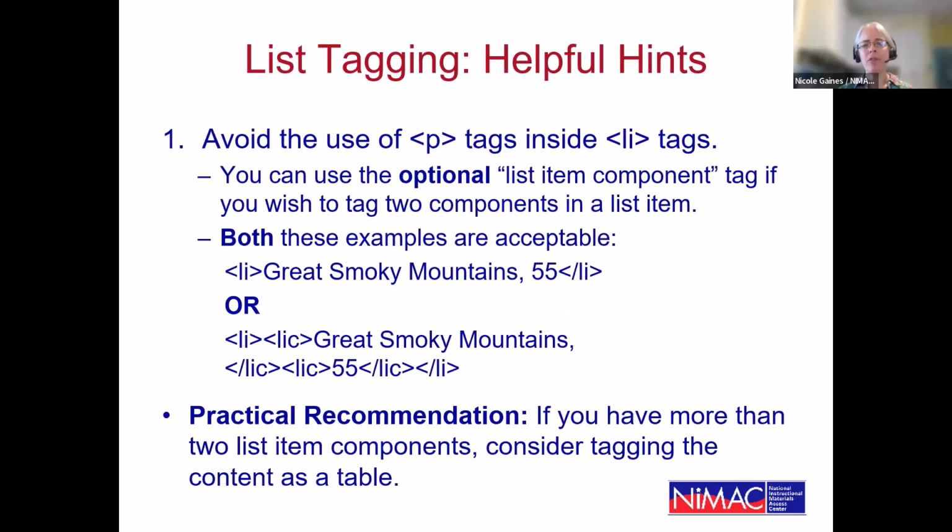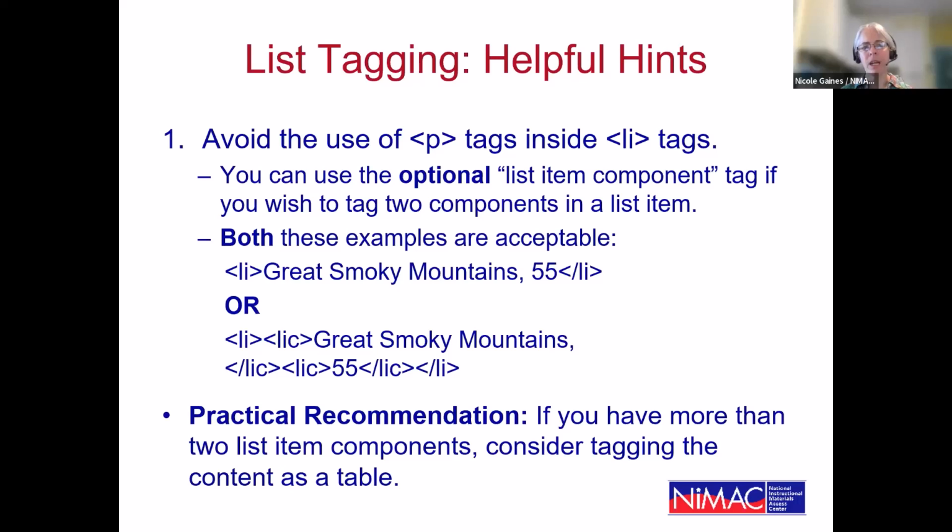In terms of some helpful hints regarding the different types and how to structure your lists, one basic area of feedback is that we often see that vendors have done some double tagging with paragraphs inside list items. That's really not necessary. If you have more than one component, you can just include the information in there.